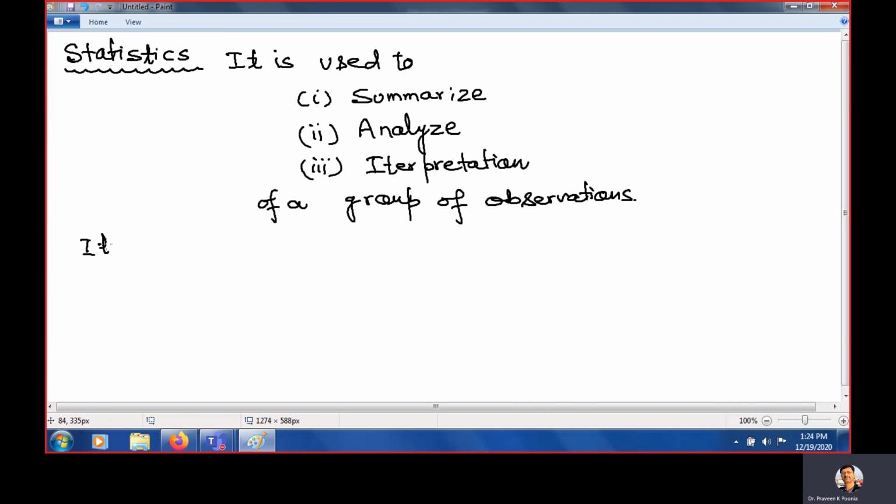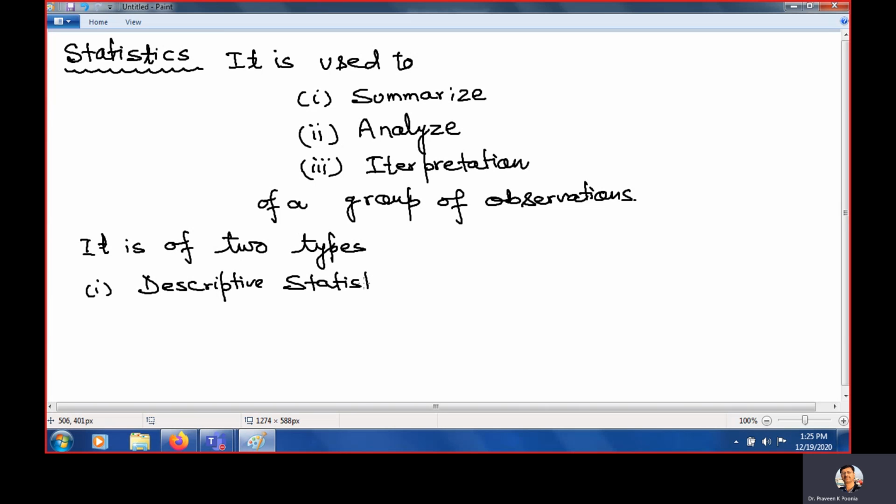Statistics is of 2 types. Number 1 is descriptive statistics. And number 2 is inferential statistics. Clear?